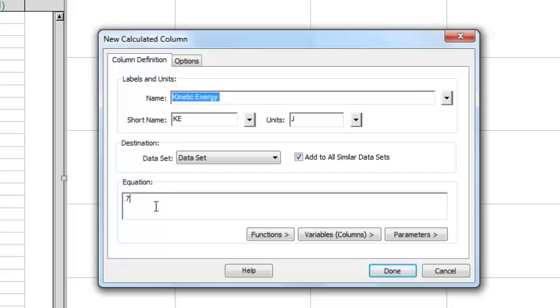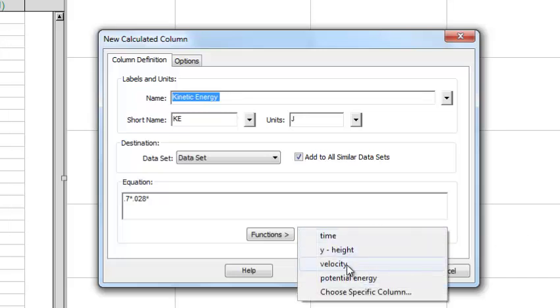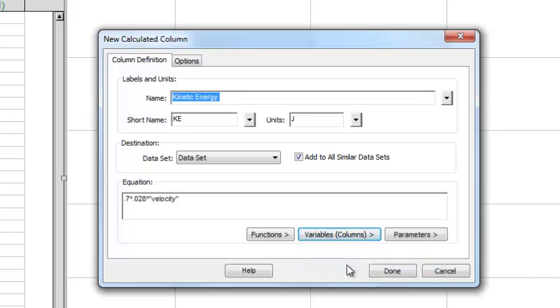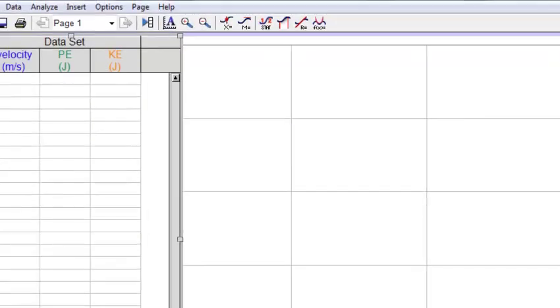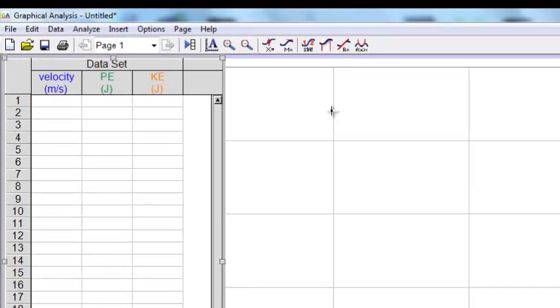And then I'm going to take it times the mass, and that's 0.028 kilograms, and then times velocity squared. So again, I'm going to pick the variable. I'm going to go over here, variable, pick velocity, and I'm going to make it caret top, that's capital 6, squared. And then I'm done.